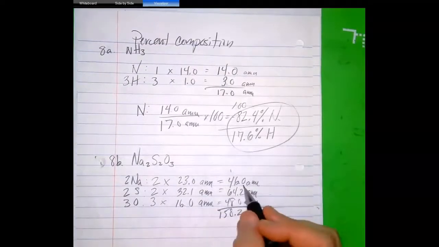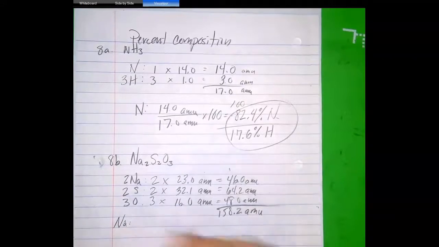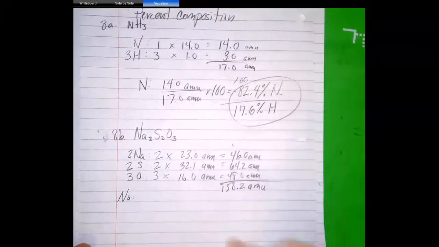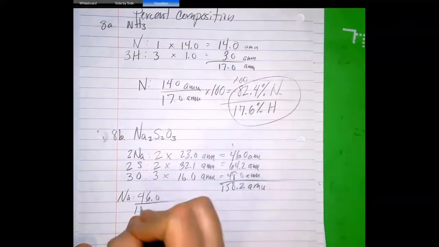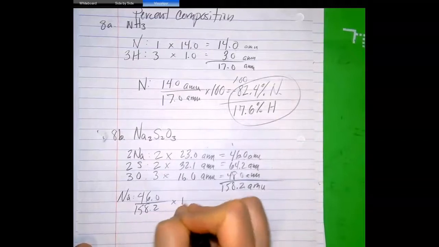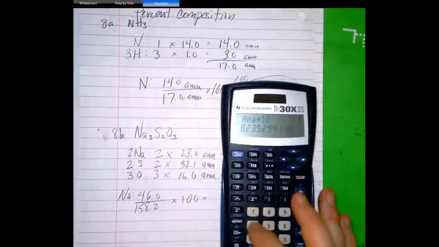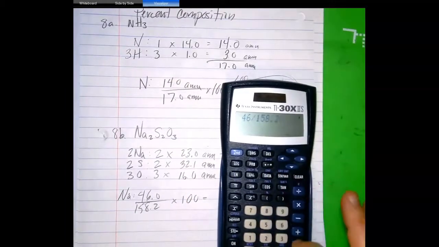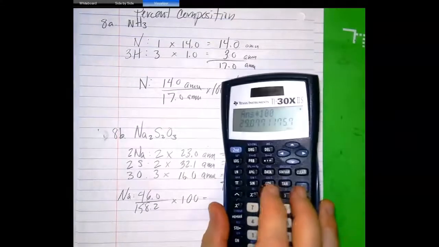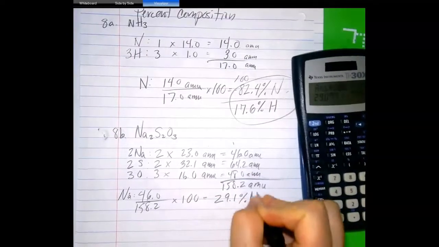We're going to divide each amount here by 158.2. So for sodium, we have 46.0 divided by 158.2 times 100 equals, let's go to our calculator. 29.1% is sodium.